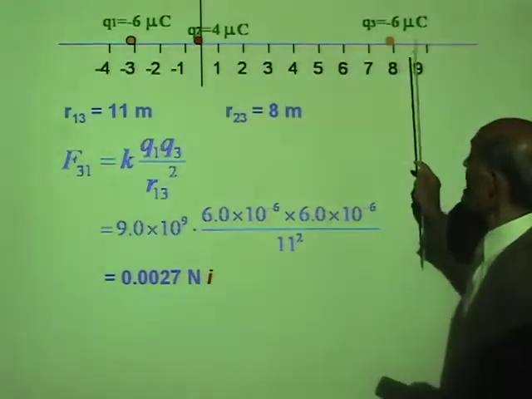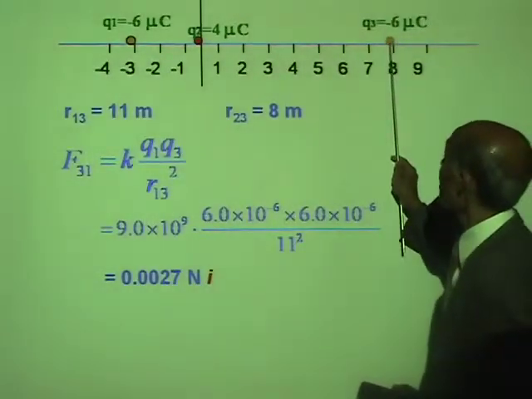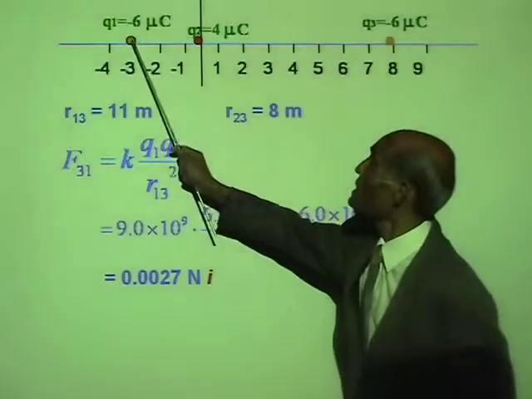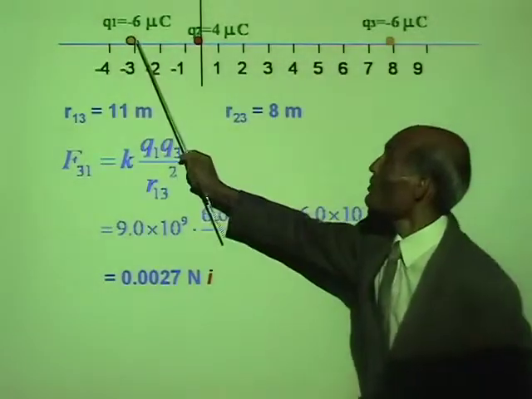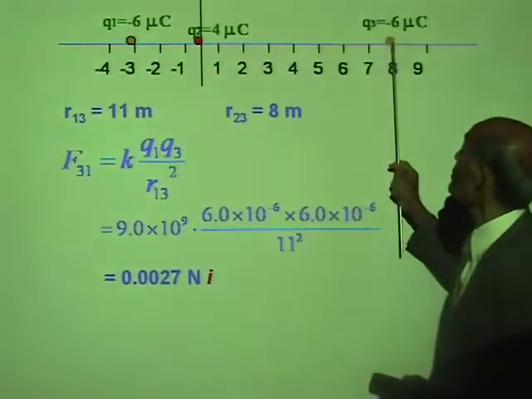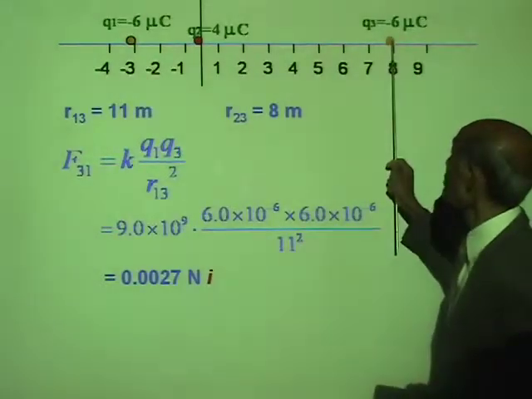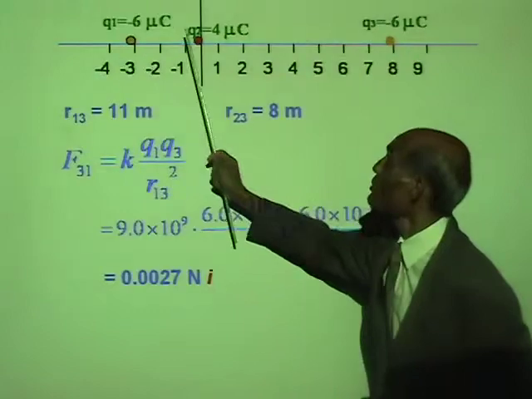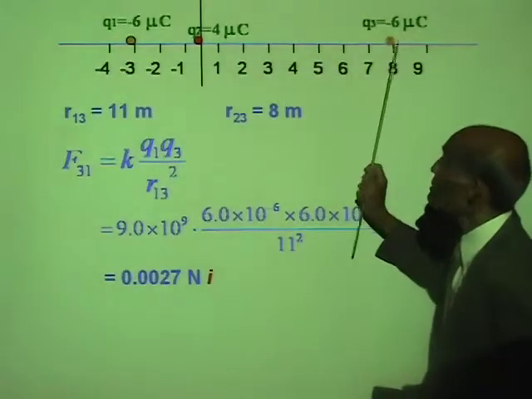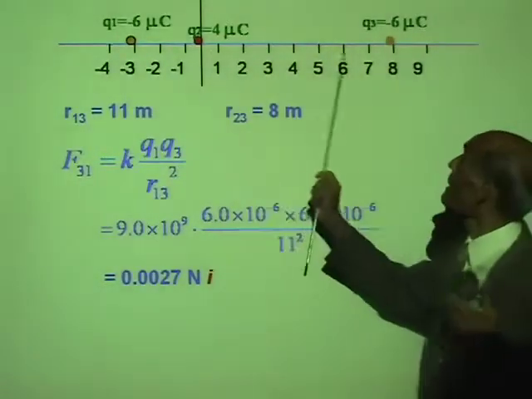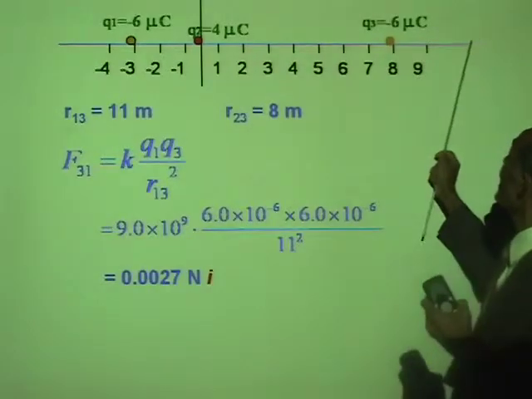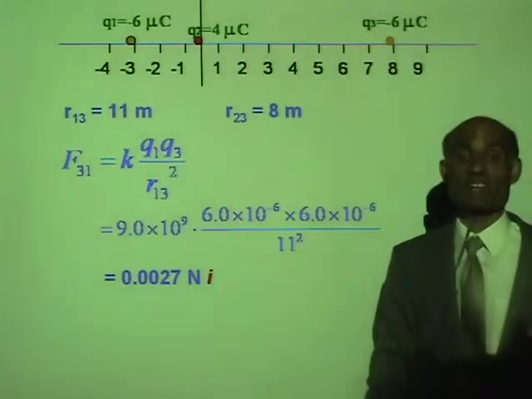Now, what is the direction of the force on Q3 by Q1? Q1 is a negative charge, Q3 also is a negative charge. Therefore, the force on Q3 by Q1 will be directed away from Q1. So it will be along the positive x-axis.